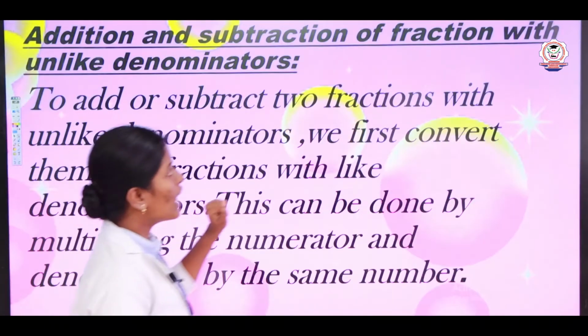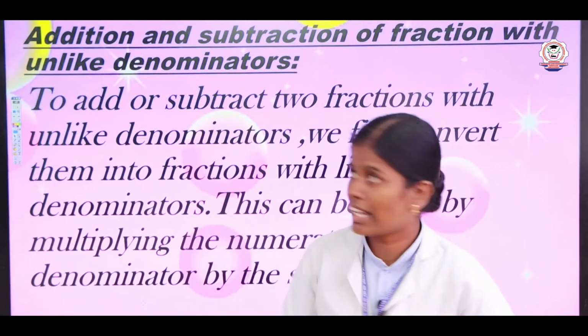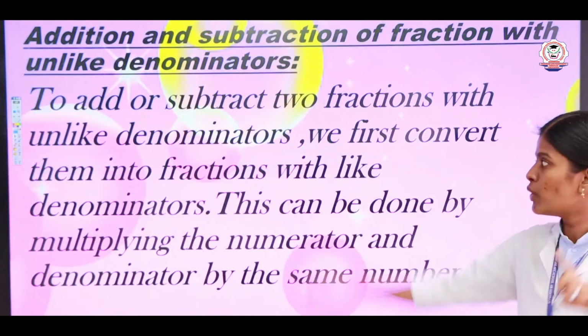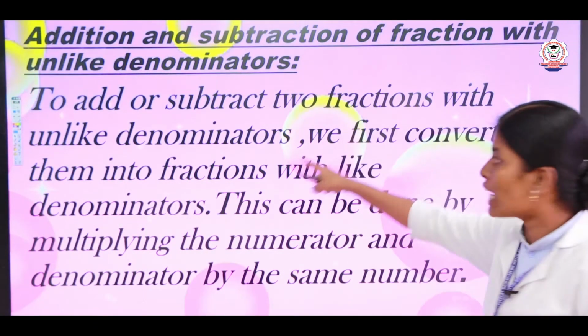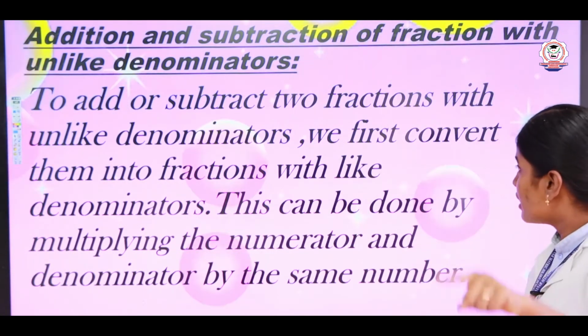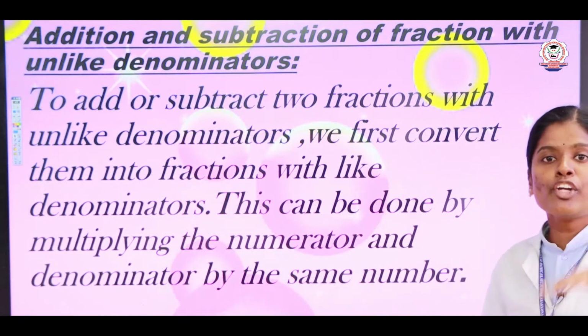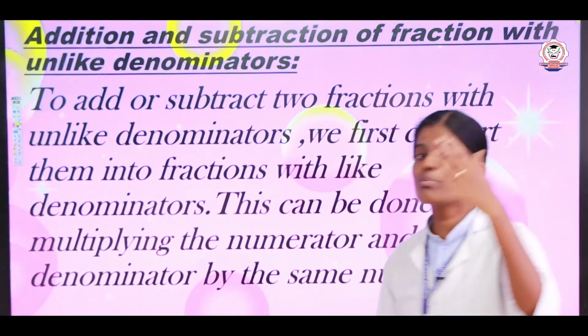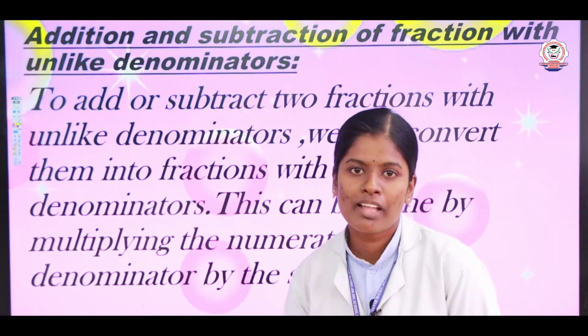So listen here, addition and subtraction of fractions with unlike denominators. First step, to add or subtract two fractions with unlike denominators, first we convert them into fractions with like denominators. So what does mean by like fractions? Very good.